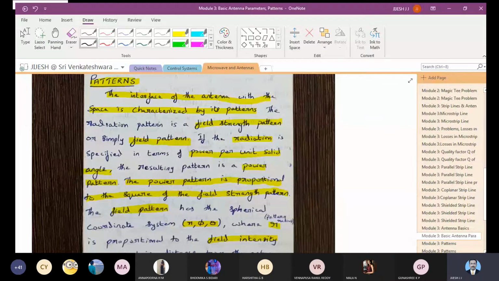You have two types of pattern. One is called the field pattern, another is called the power pattern. So we have both field pattern and power pattern.